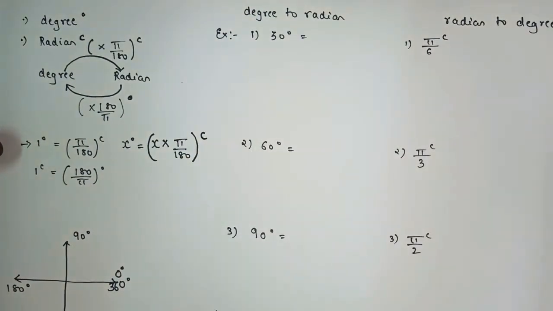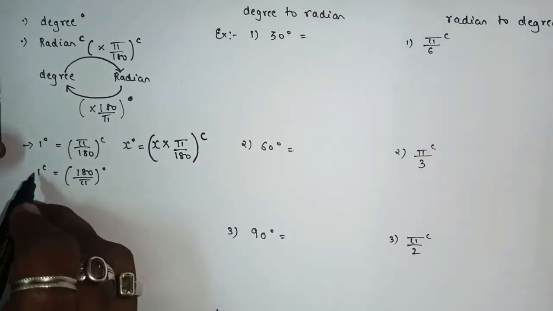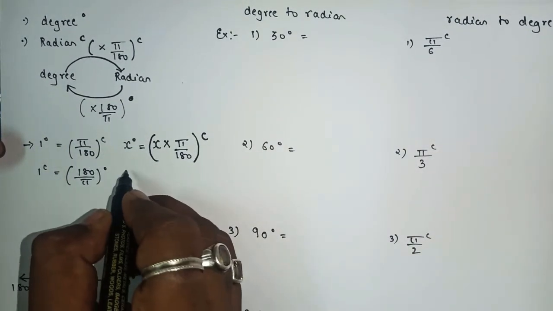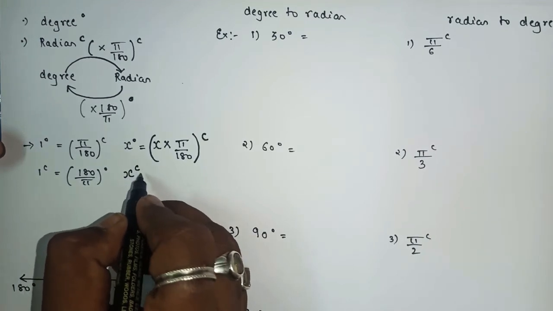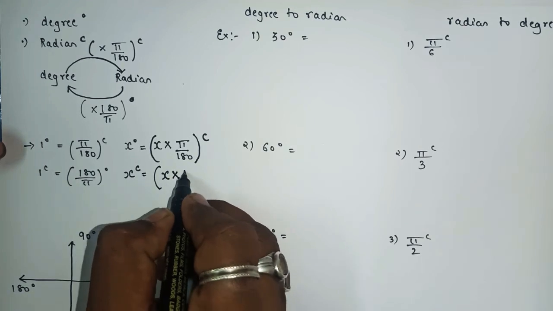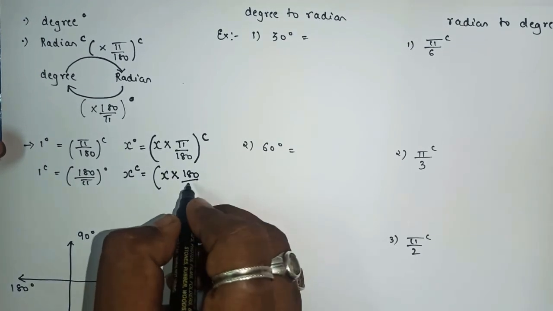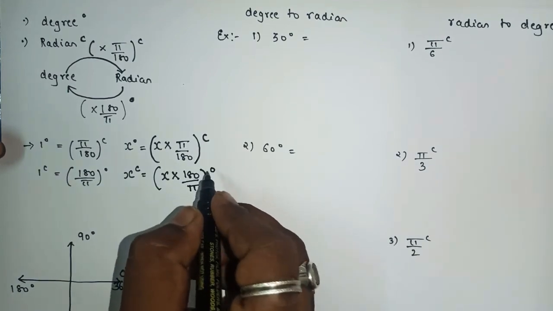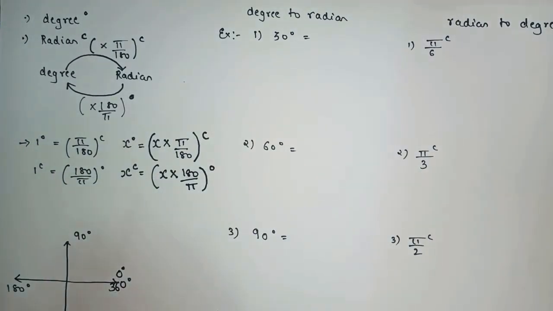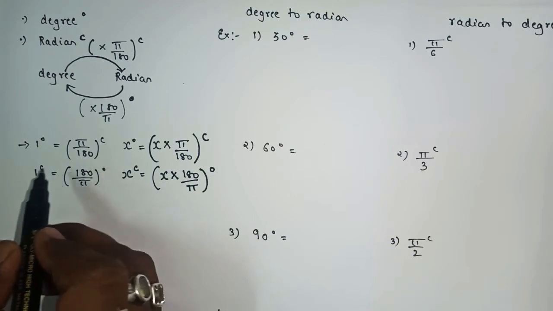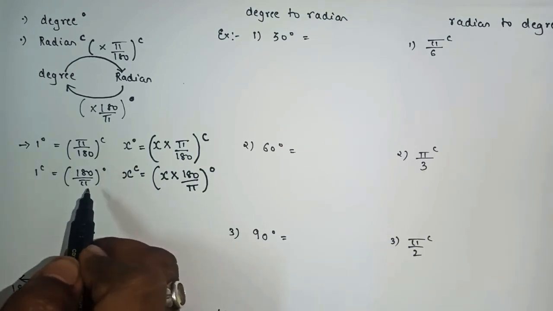Radian. Understood? And 1 radian is equal to 180 upon pi. Simply reciprocal this. If you want to convert radian into degree, you will multiply that term or number by 180 upon pi, and it will get converted into what? Degree. So this is the process in which we convert degree into radian and radian into degree. So remember this point: 1 degree is equal to what? Pi by 180, and 1 radian is equal to what? 180 upon pi.